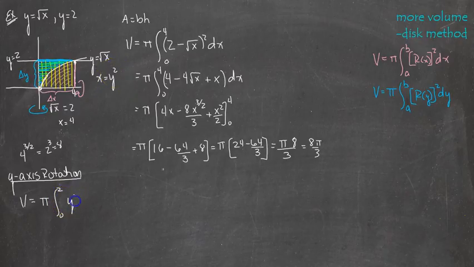So I have y squared, which has to be squared because that's my radius function, and then dy.